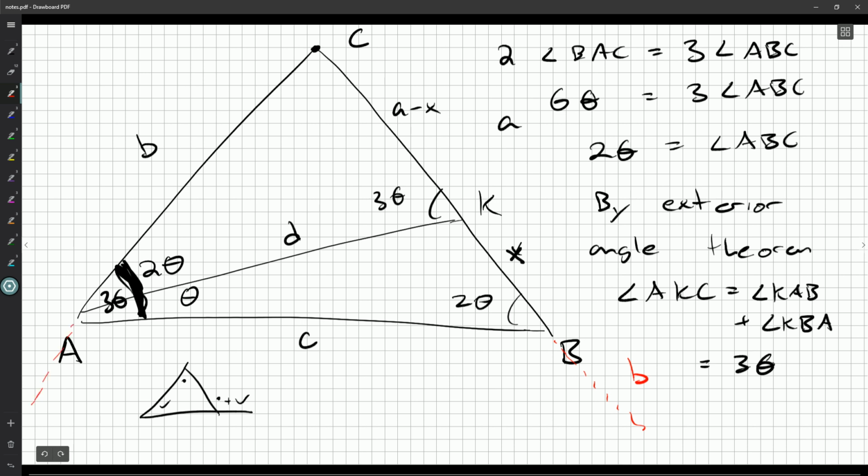Maybe we could extend this B over here by A and then come across or something like that. Not entirely convinced that'll work either.